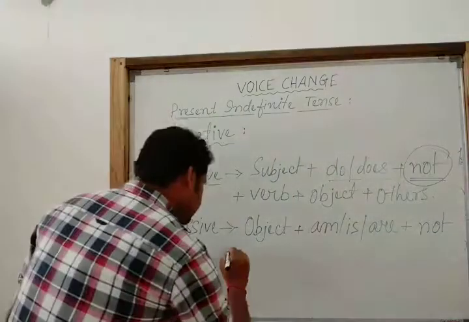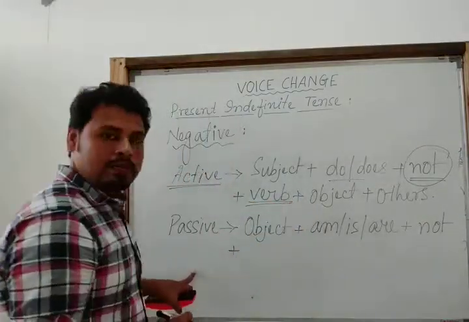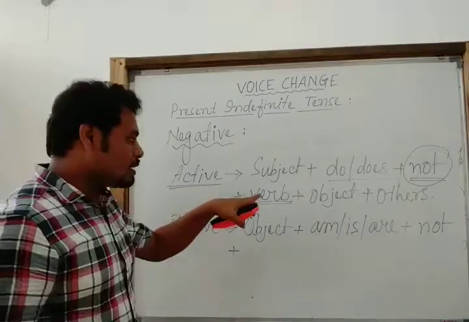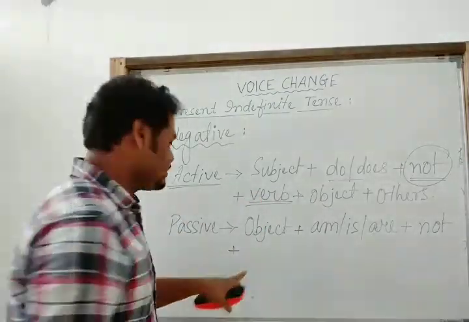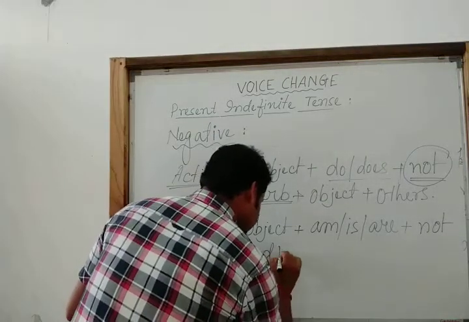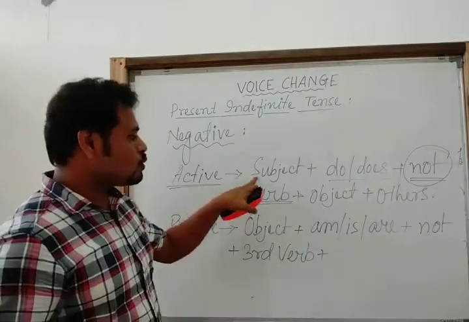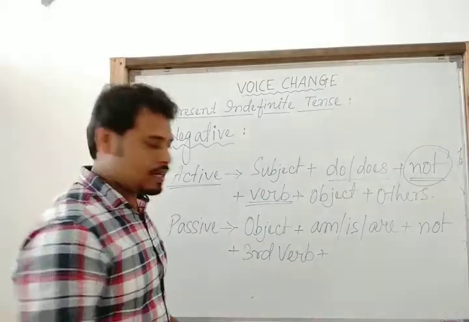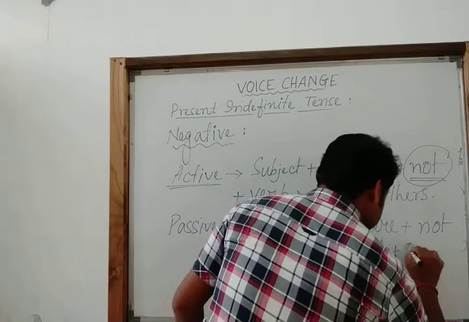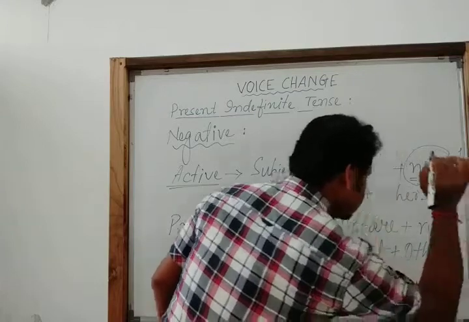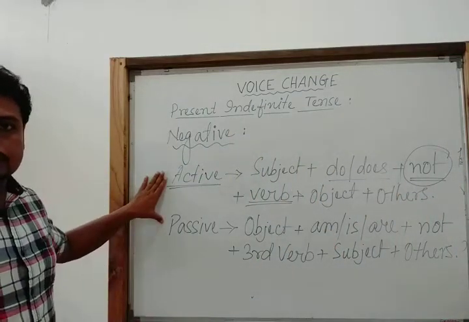Then the verb: we know in active the main verb, we have to use the third form of that main verb in passive. So this is the third verb. Plus this subject would be used here as object, plus others as it is. So these are the two structures.